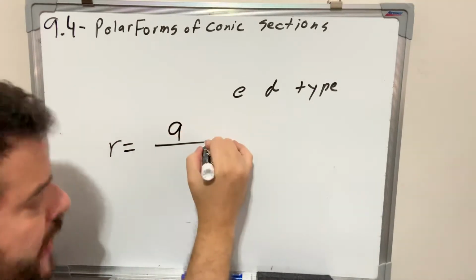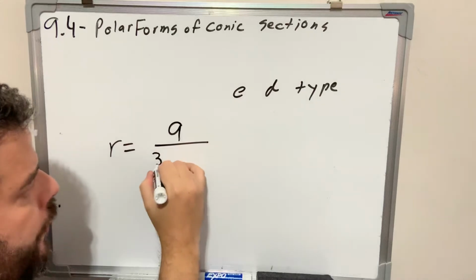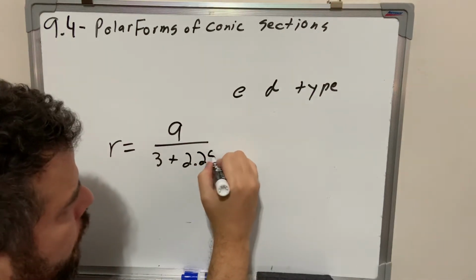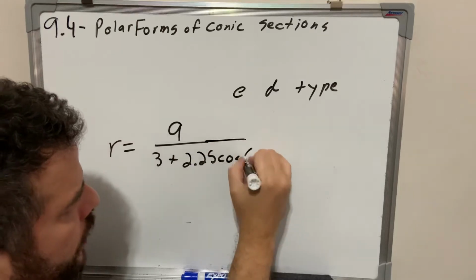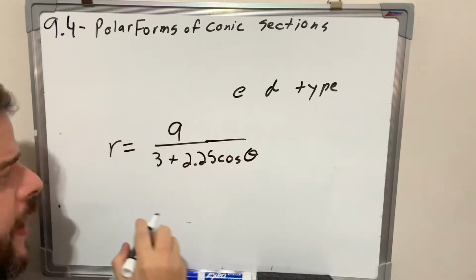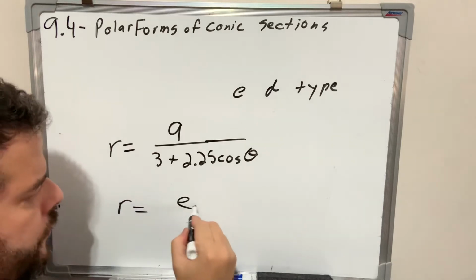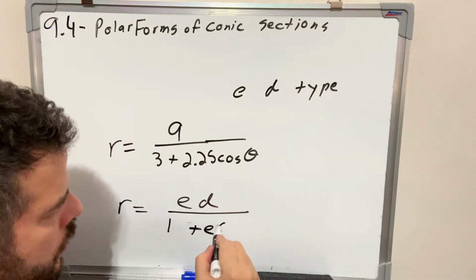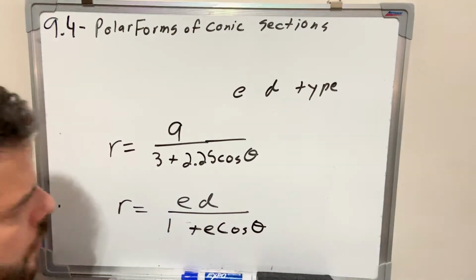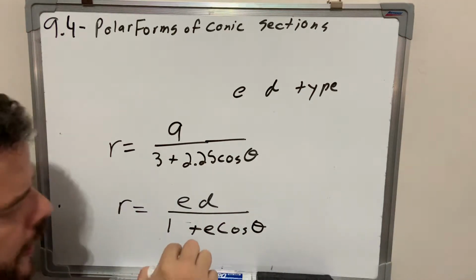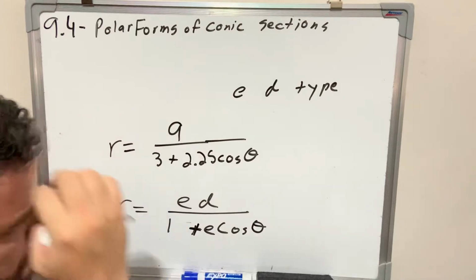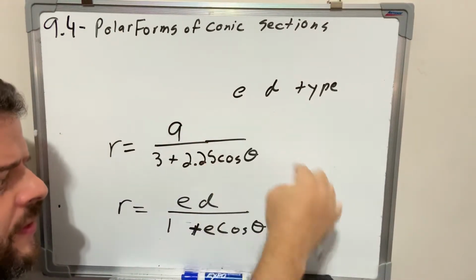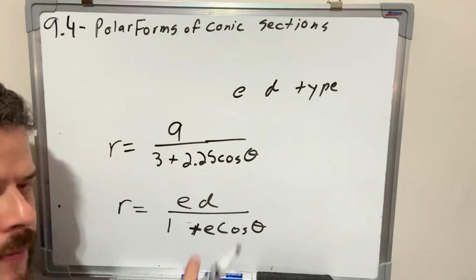Now let's go over the first example. I'm told that r equals 9 over 3 plus 2.25 cosine theta. And under this, I'm going to write the parent function. Now all I have to do in order to find these 2 things is take this and transform it to this.